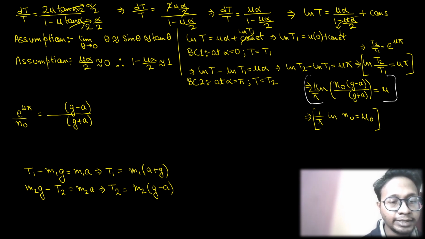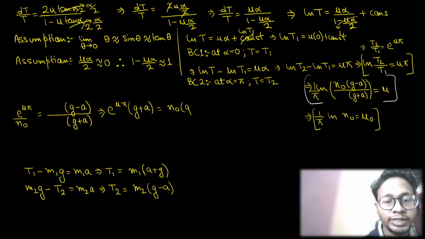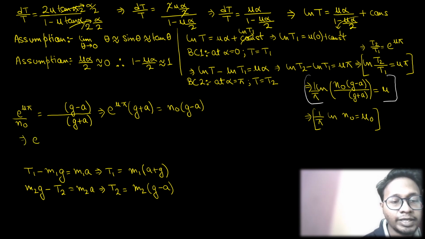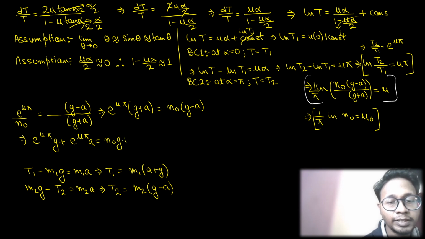Let's divide this entire thing. Always cross multiply. Okay. e to the power mu pi into (G plus A) is equals to n naught into (G minus A). We'll isolate the G and A later. Or e to the power mu pi G plus e to the power mu pi A is equals to n naught G minus n naught A. Now let's bring A to the left hand side and G to the right hand side.